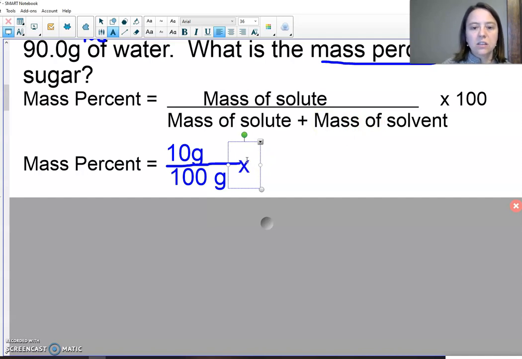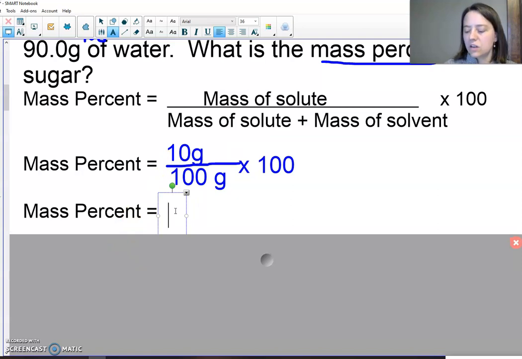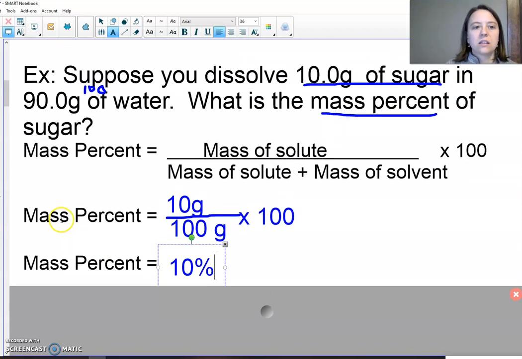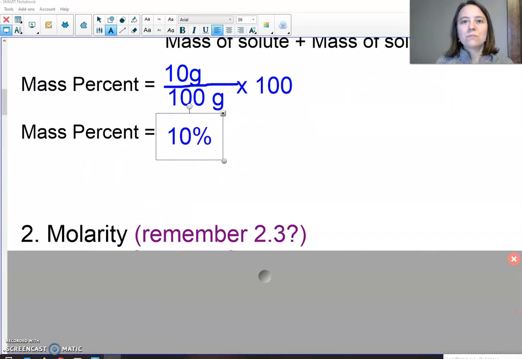And then that's a percent, so we want to times that by 100. And we get 10 divided by 100 times 100, and we get 10%. So the mass percent of the sugar in the water is 10%. So mass percent is pretty straightforward.